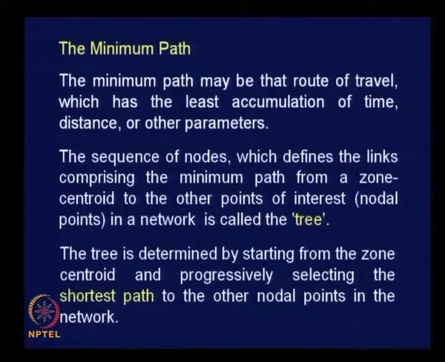The tree is determined by starting from the zone centroid and progressively selecting the shortest path to the other nodal points in the network. We start from the zone centroid and proceed along the shortest path.